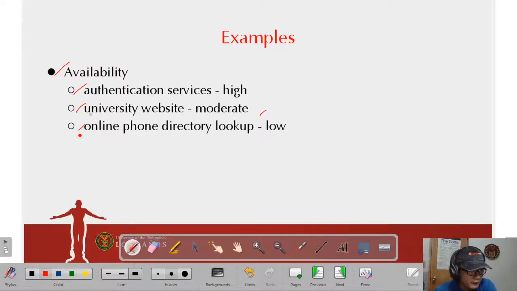If the online phone directory is not available, it's okay. There are other ways to find the location or the phone number. So this ends the discussion on the CIA triad: confidentiality, integrity, and availability.